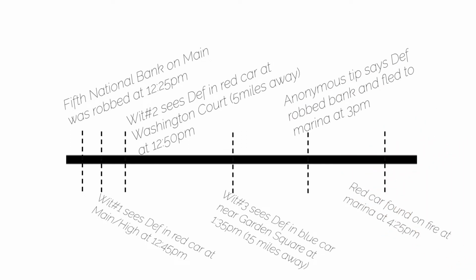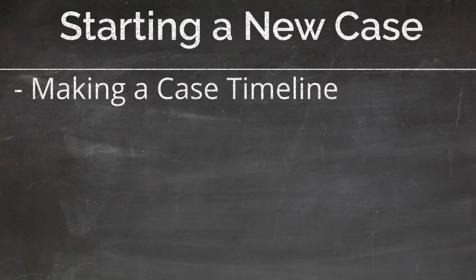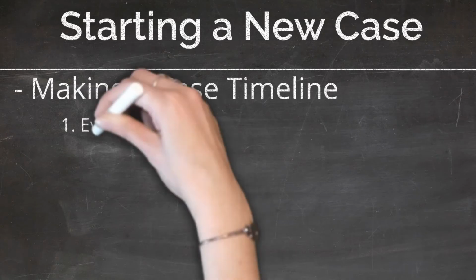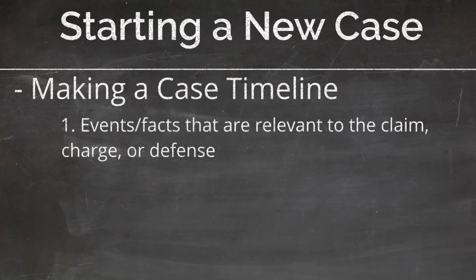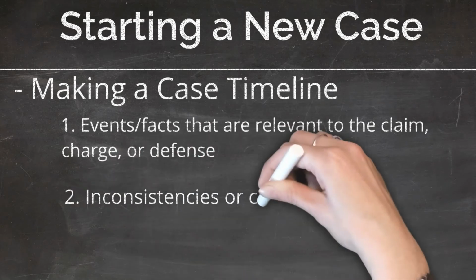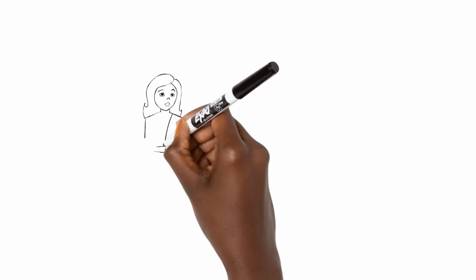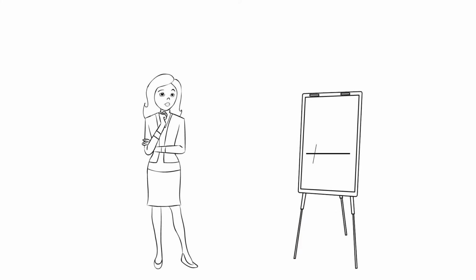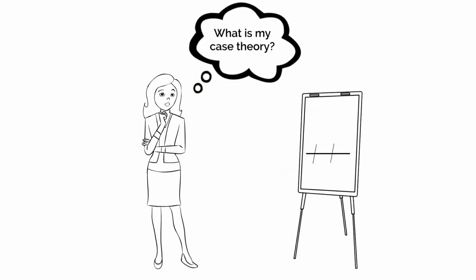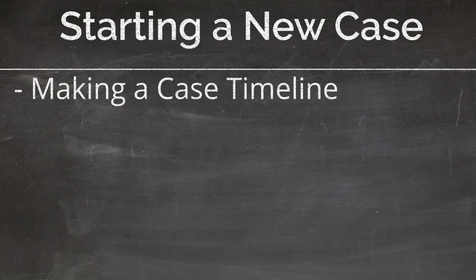So you're looking for basically two things. One, how you're proving your case or rebutting the other person's case. And two, inconsistencies that you're going to exploit on cross-examination. I mean, ultimately, my timeline becomes my mechanism to, when we start talking about theory and themes and those sort of elements that are going to help a common thread go throughout the case and then help it score, you can map it all out.